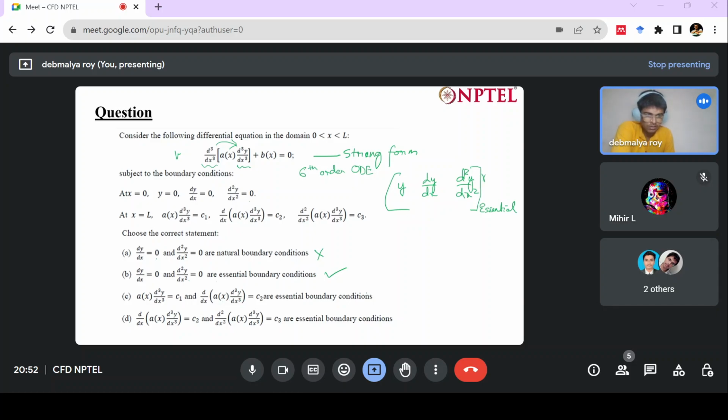This is a fourth order derivative term. So if these are specified, then this will be a natural boundary condition, not essential. This statement is false. Again, here we see fourth order and fifth order derivatives. These are also natural boundary conditions, not essential boundary conditions. So this is also false. So option B is the correct one.